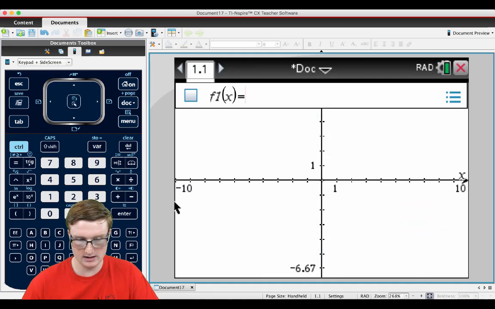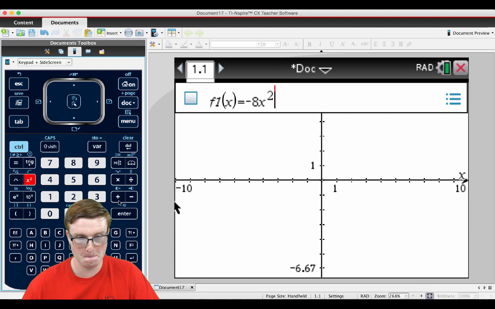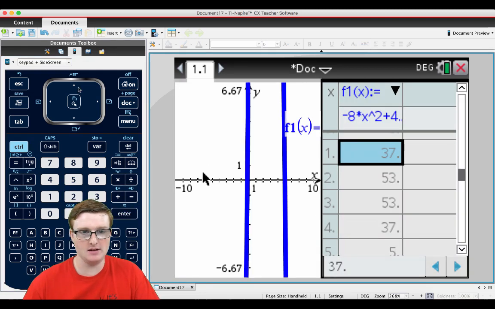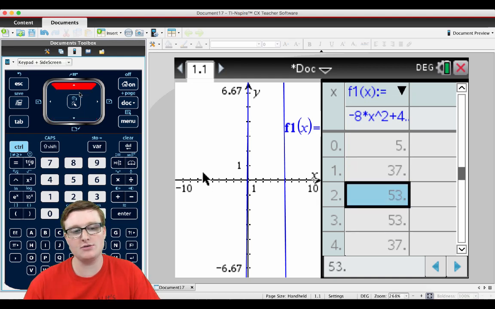Now, if I graph this in my calculator, negative 8x squared plus 40x plus 5. Enter. Control T, I'm going to get my values. And as you notice here, folks, between 2 and 3 the y values are the same.